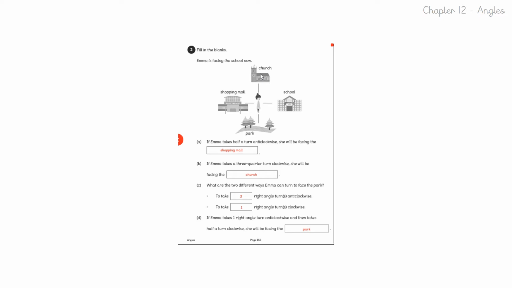So half a turn is the same as 2 quarter turns or 2 right angle turns. So we're going clockwise to the right, 1 quarter turn, another one which is half a turn, so she will be facing the park. Well done, year 3.